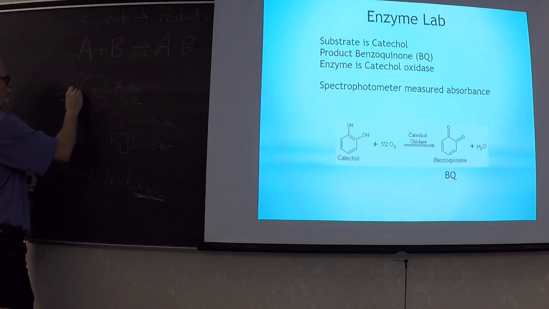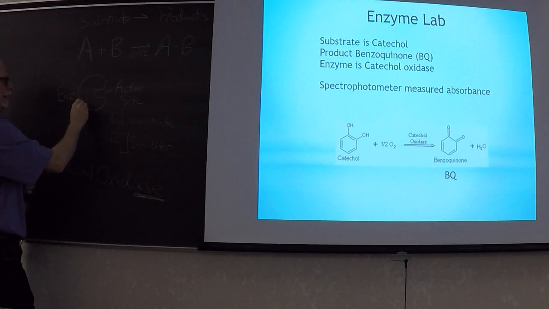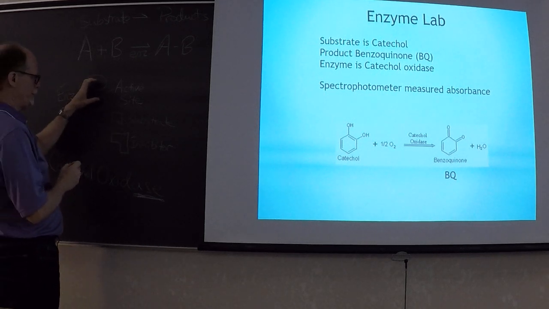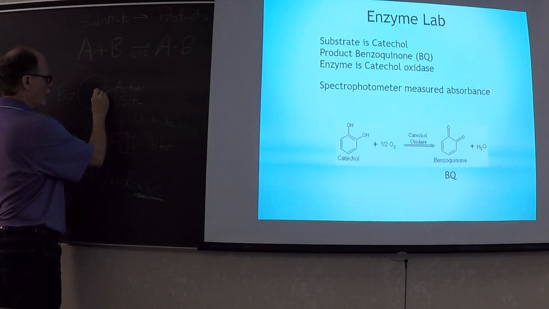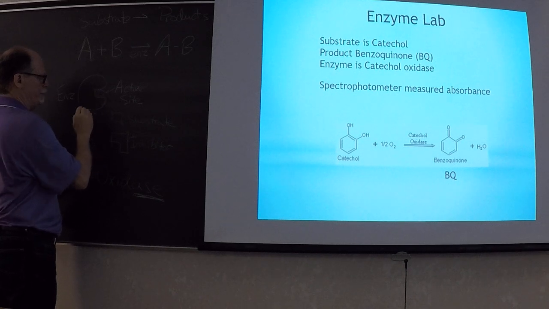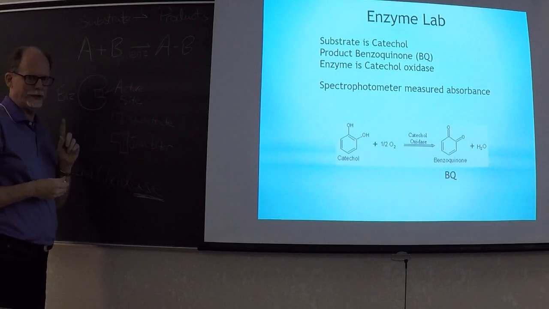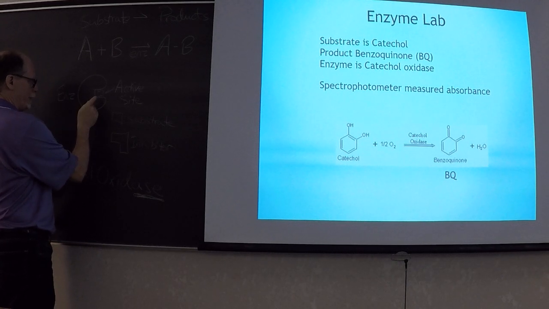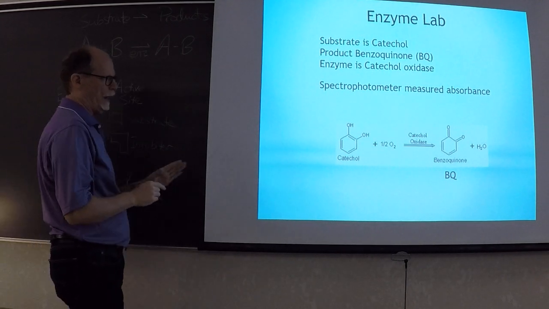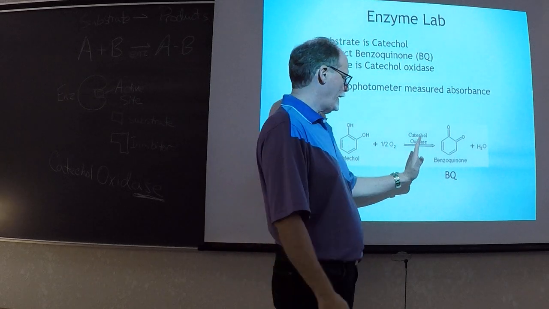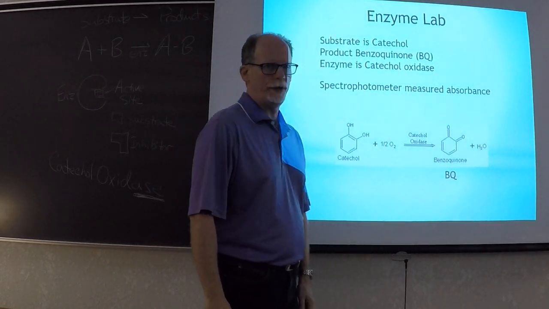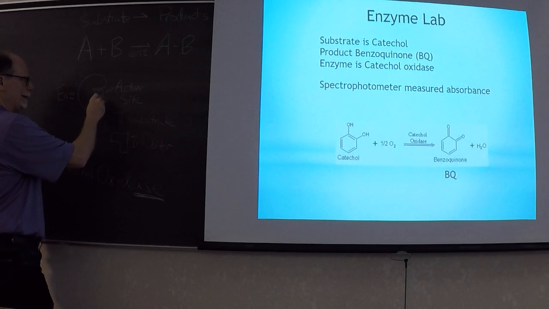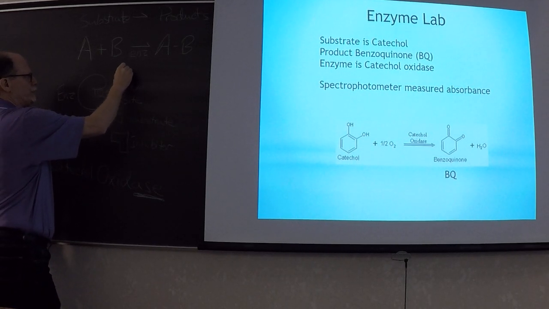I just drew a little cartoon. This is the protein, and in all of these proteins, there's a spot where the substrate binds to the enzyme. That has to happen first. And then the enzyme converts catechol, using oxygen, to benzoquinone. It's a product, and it actually has a different shape, so the product gets released.